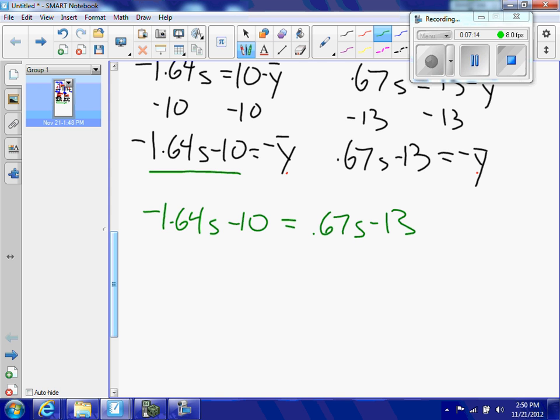Now I just have one variable, and I can solve this. What I'm going to do is add 13 to both sides. So I have negative 1.64s plus 3 is equal to 0.67s. The 13s canceled each other out.